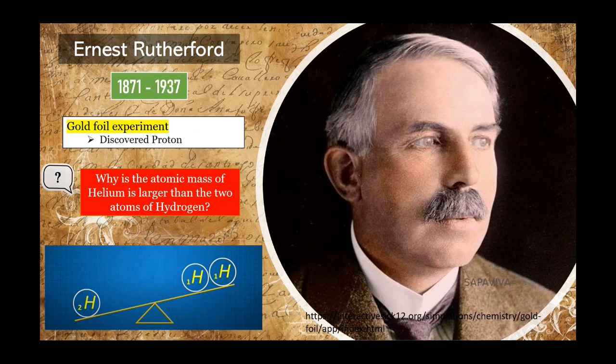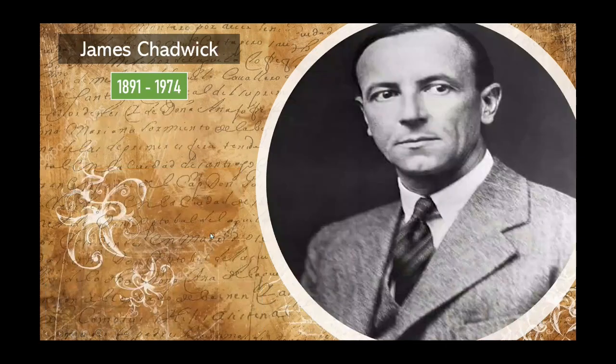So their concept meant that the atom of helium would be equal to two atoms of hydrogen. As you can see, electrons and protons are equal. But this doesn't make sense. So therefore, another scientist paved his way in this discovery, which is James Chadwick. So James Chadwick discovered the neutron.